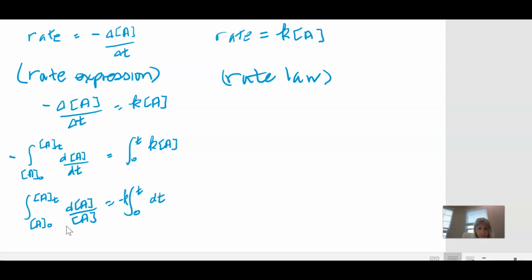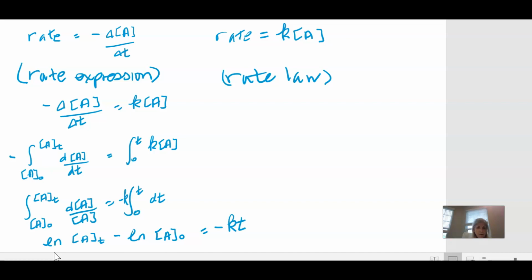So I'll have this right here. The integral, of course, is the natural log. So we've got natural log A of t subtract natural log A initial equals negative kt.